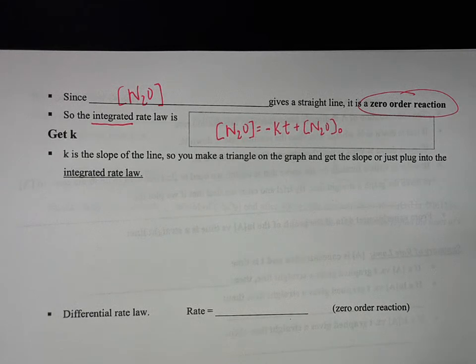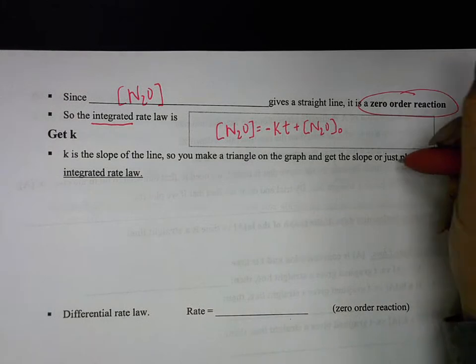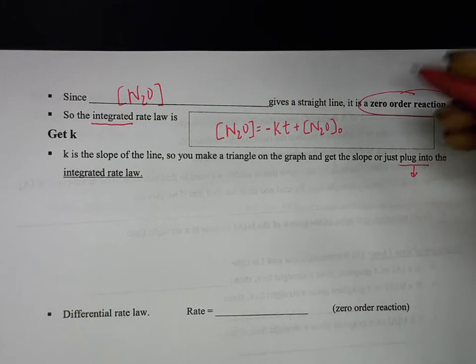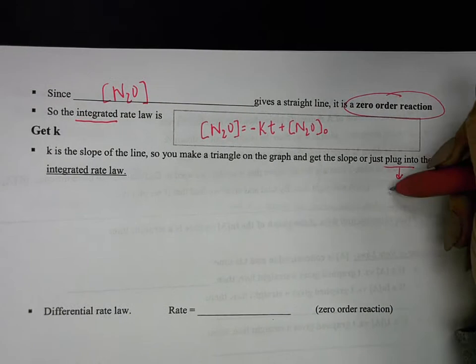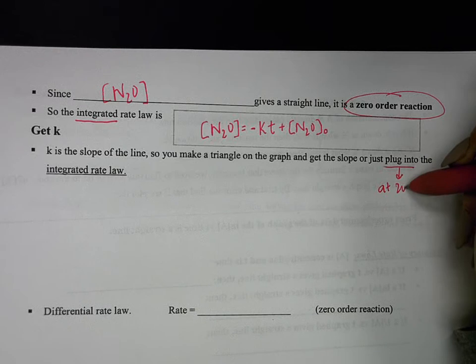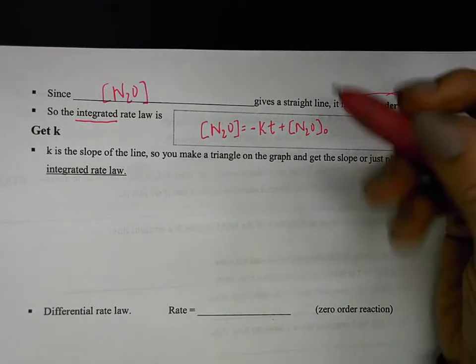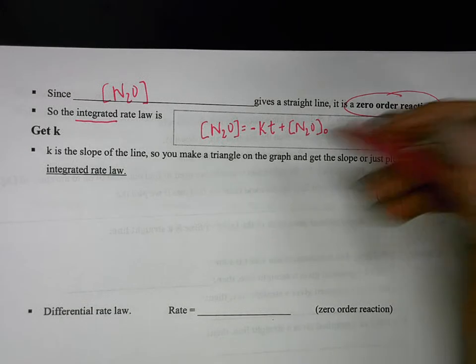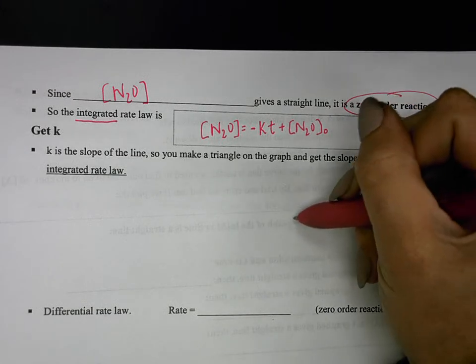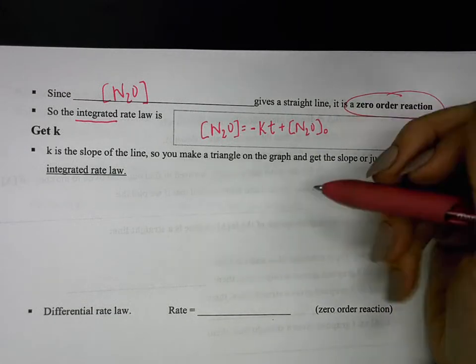So you can make a triangle on the graph and get the slope, or just plug into the integrated rate law. So I'm going to plug in at time 20 seconds.